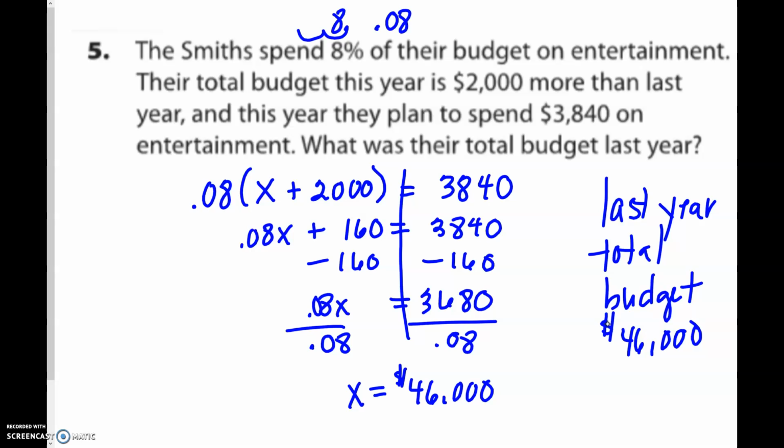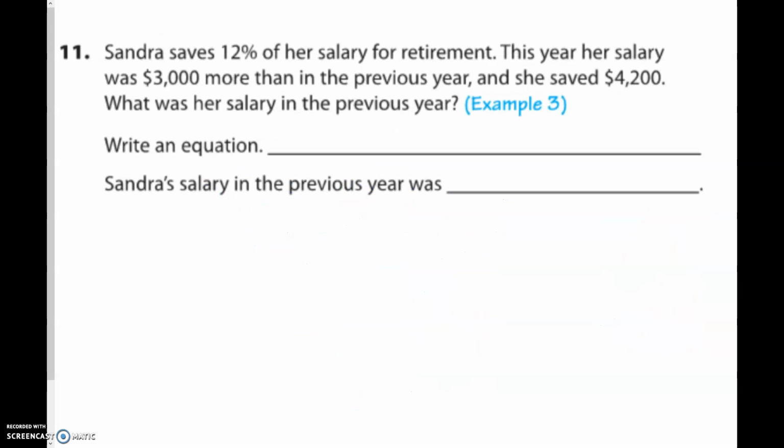All right. I think we have one more percentage problem here. So every year Sandra saves 12% of her salary for retirement. So every year she takes 12% of whatever she makes and she puts it away for retirement. This year, her salary was $3,000 more than the previous year, and she saved $4,200.